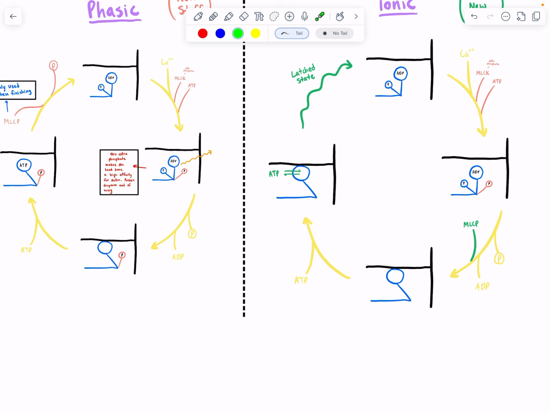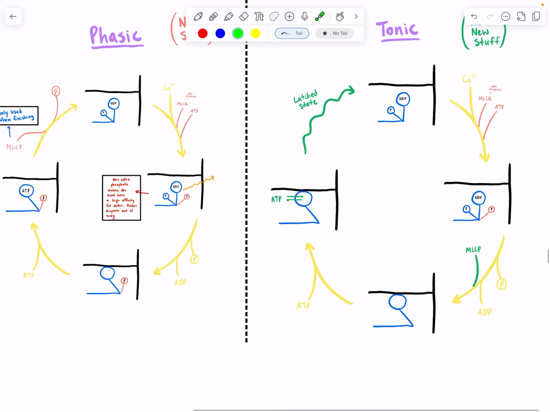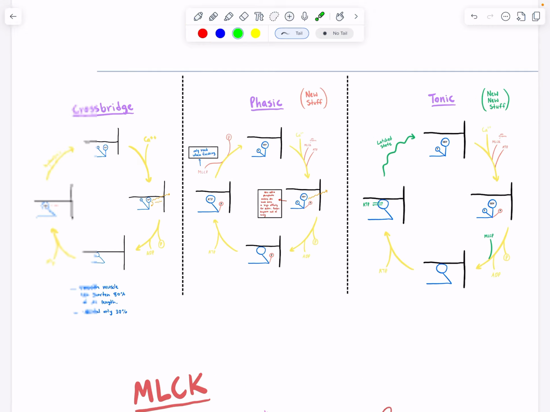And so the latch state is just that phase in which it's hard for that ATP to bind. And so it's going to allow for longer contractions. So that's the purpose of that whole thing and what the latch state is.